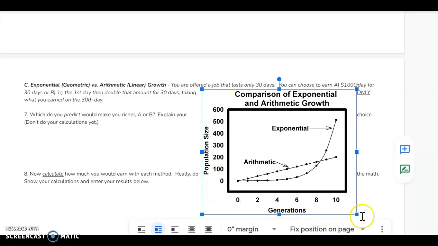The generations are at the bottom. Okay, you can just think of people generations if you want. And it's said that arithmetic growth is also called linear growth. Line, so that's a straight line. And exponential growth is this other one that has a curve, kind of a J shape.